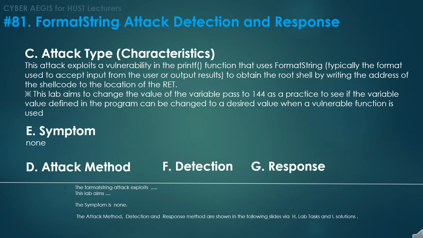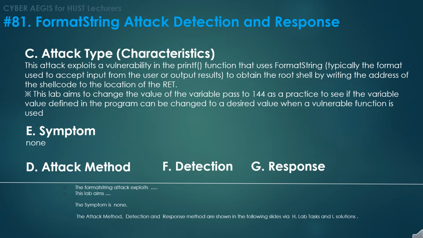The format string attack exploits a vulnerability in the printf function that uses a format string. Typically, the format is used to accept input from the user or output results. The attacker obtains a root shell by writing the address of the shell code to the location of the return address.